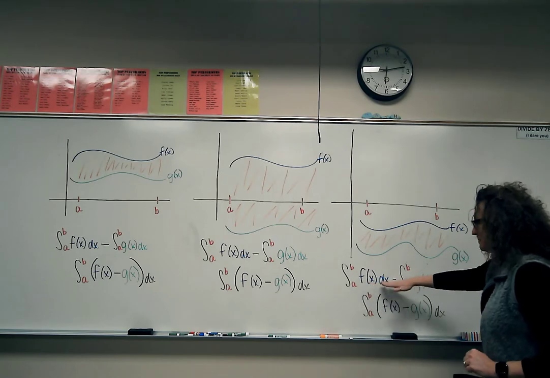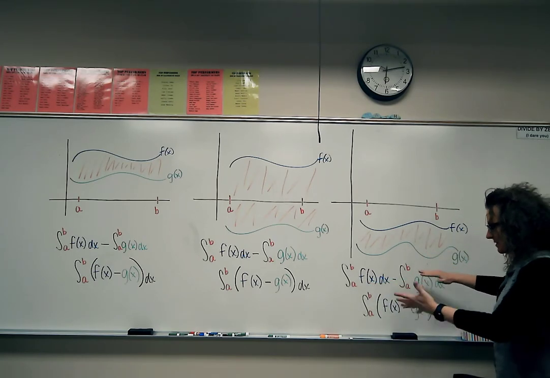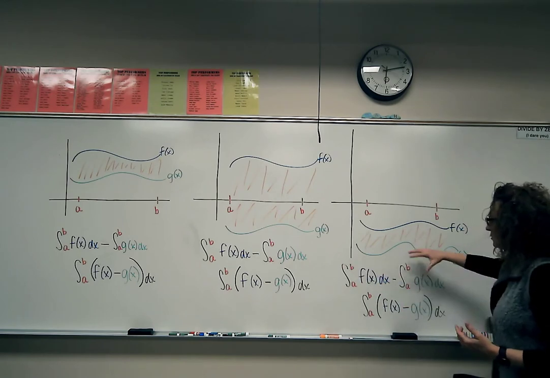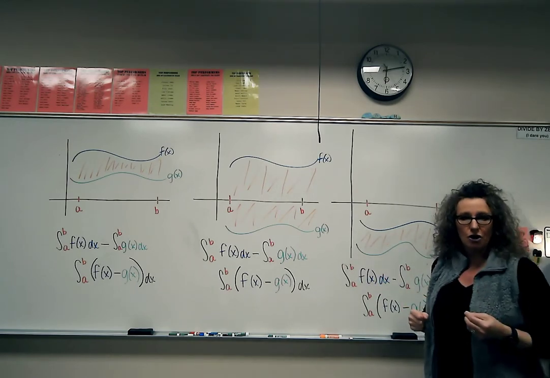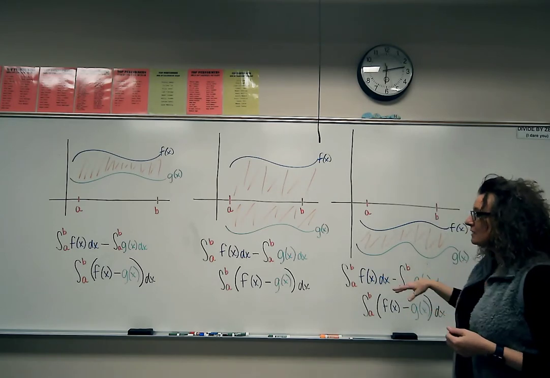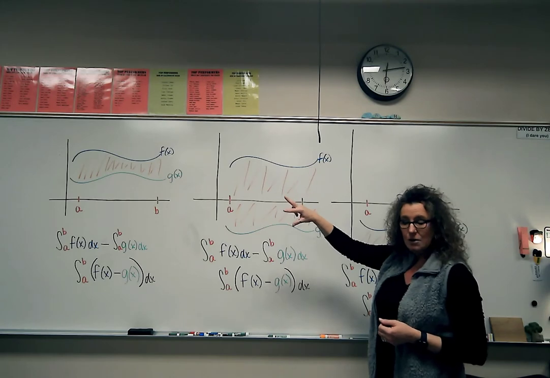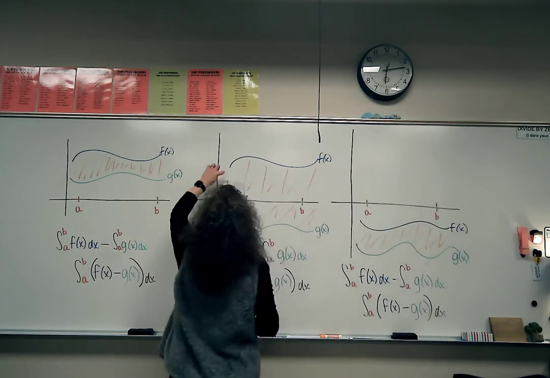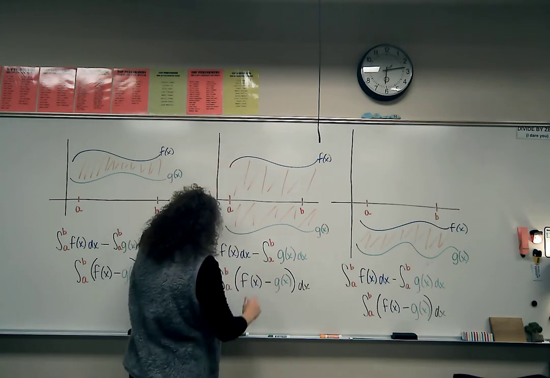So the same exact math that I've done over there produces the area between the curves no matter where the curves are. They can both be below the x-axis, one can be above, one can be below, or they can both be above. You need to take your top function minus your bottom function.